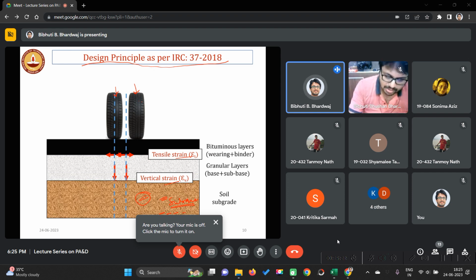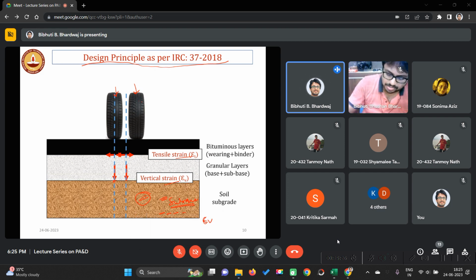Because of this wheel load, how much strain will be generated. Suppose this is the allowable, and suppose because of this wheel load, some vertical strain is getting generated here, that is your expected. Okay, so this allowable should always be greater than the expected. Then only we can say that your pavement will sustain. Otherwise, the pavement will fail.